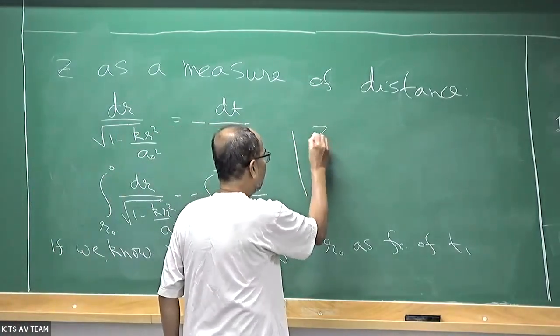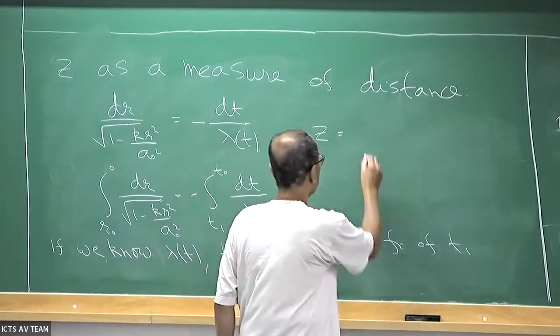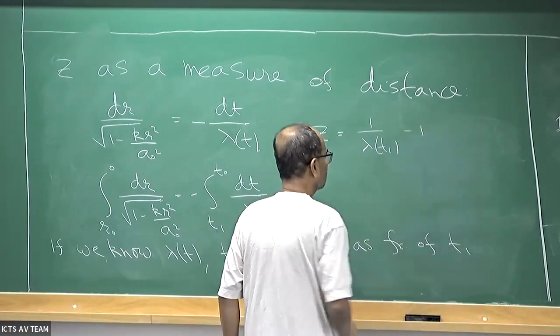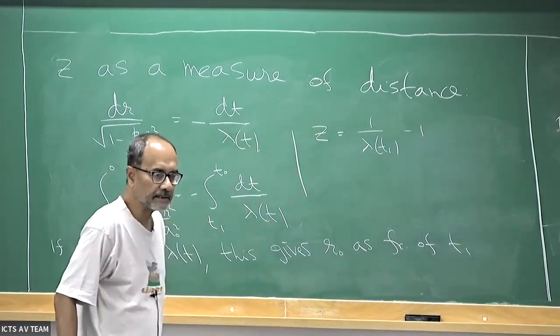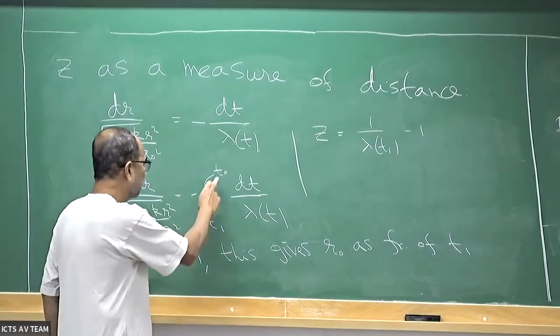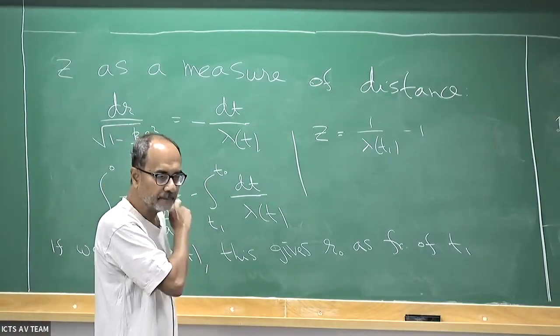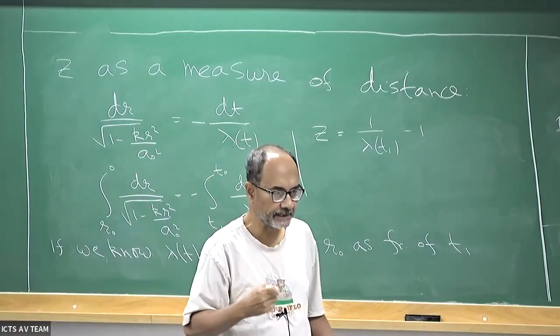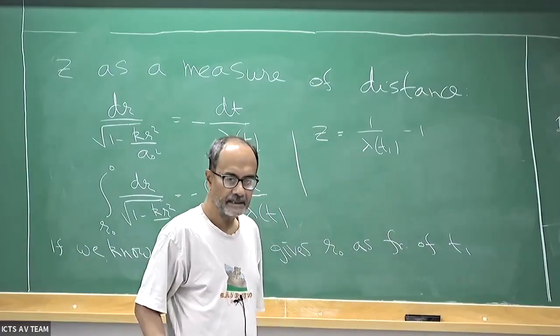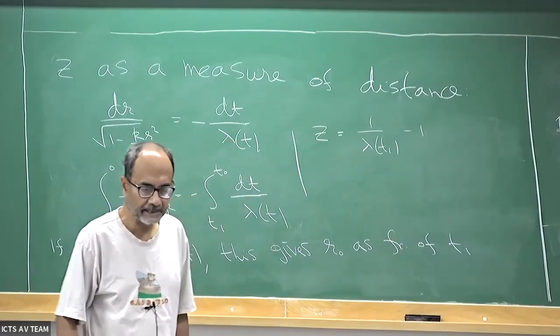On the other hand, Z is given by 1 over lambda T1 minus 1. Signal left, yes. I have put T naught here because T naught is the same time when you are observing the signal. This is what we were calling T1 prime earlier, but we take that to be today's time.